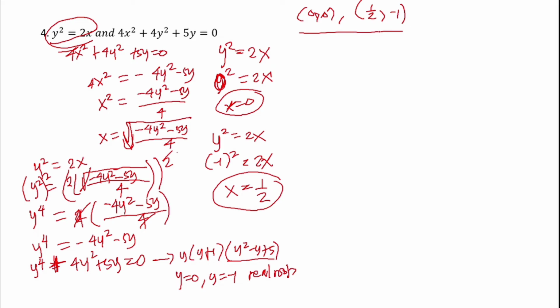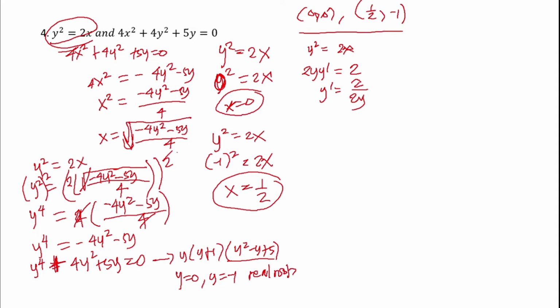But let's see which point we need to use. So in this case, first, this is the intersection. Next is the derivative, the first derivative. So y squared is equal to 2x. Okay, so this is 2y, y prime is equal to 2. So y prime is equal to 2 over 2y.